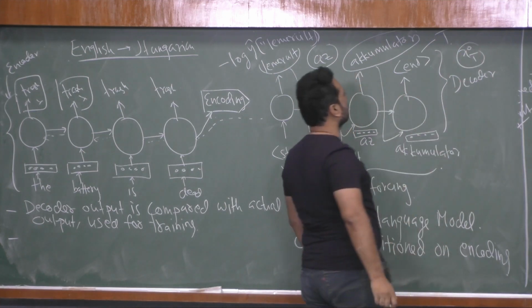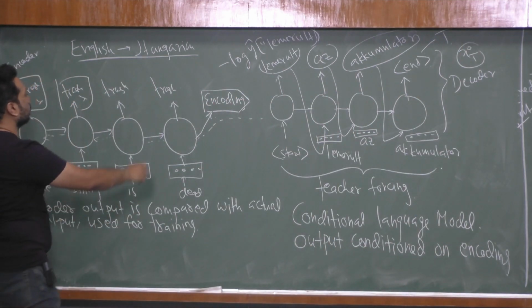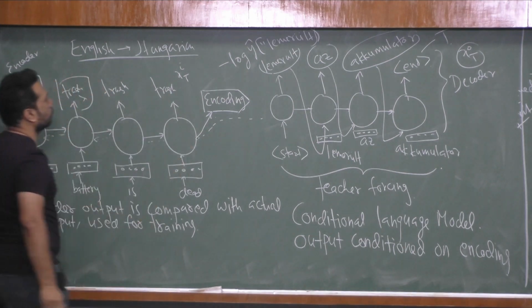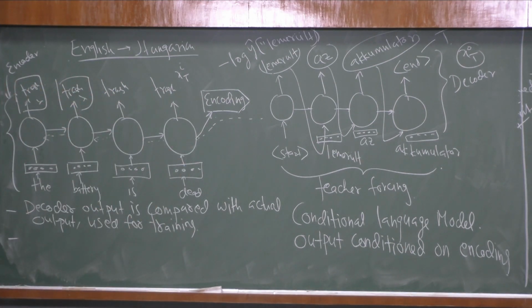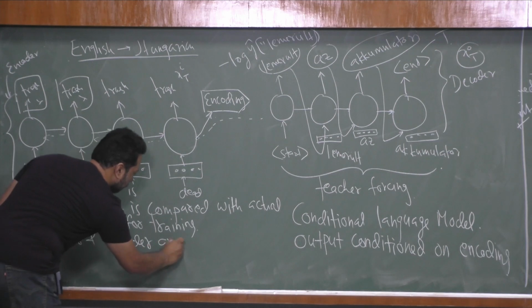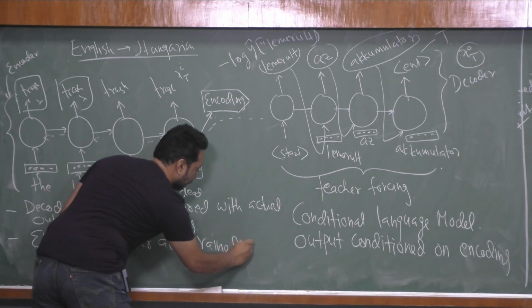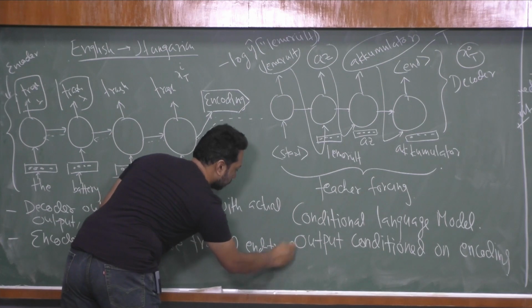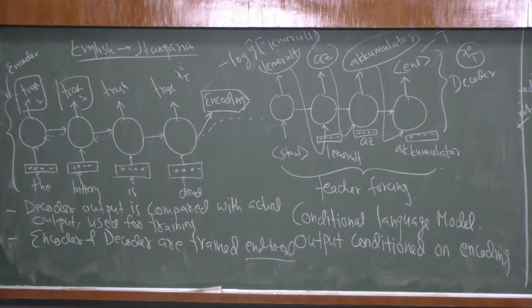So this is the output sequence, and here these are the input sequence, and we can train this end to end. So I will write this here: encoder and decoder are trained end to end. Okay, end to end means from the end to the beginning, basically. So obviously the encoder is also trained because it may not have done the correct encoding.